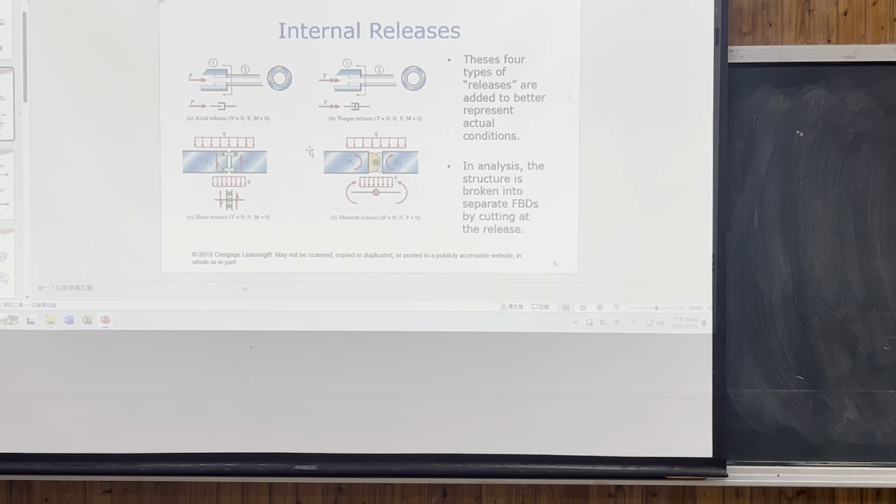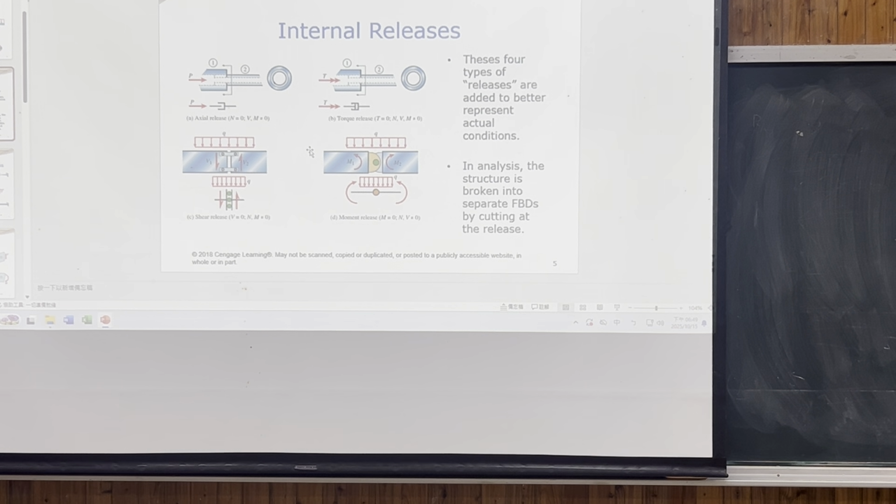There are different releases, which means different boundary conditions when we are talking about this kind of question. In this graph, when you see this kind of graph in the exams, this means the axial release. I believe it will also be in the description, in the quiz or in the midterm exam.